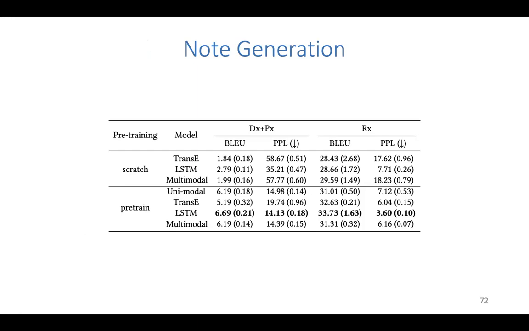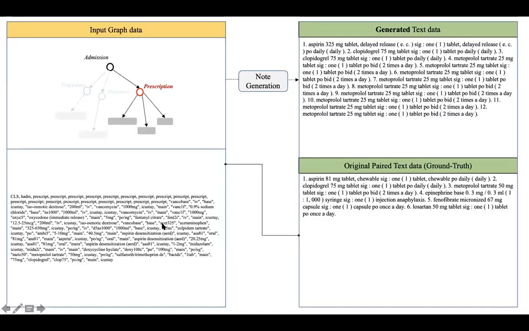All the models are doing a pretty good job, especially if you use LSTM as the text encoder instead of BERT as the text encoder. It is doing a slightly better job. But we can see how much of a good job the multimodal model is doing using some qualitative examples.